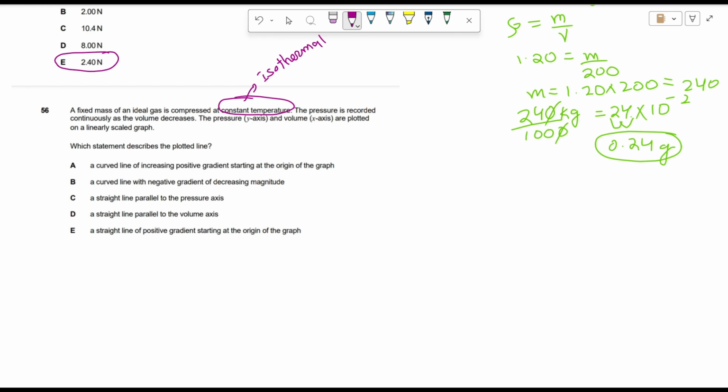The pressure is on the y-axis, and volume is on the x-axis. They are plotted on a linear scaled graph. Which statement describes the plotted line?